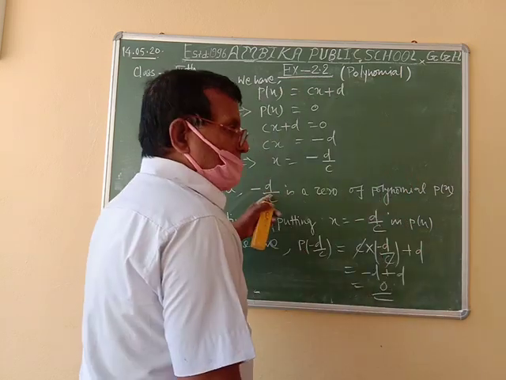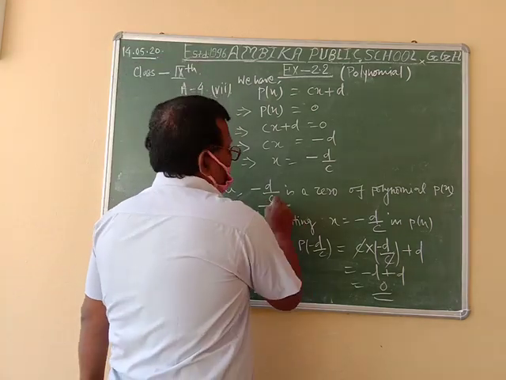So minus d by c is a zero of the polynomial p(x).